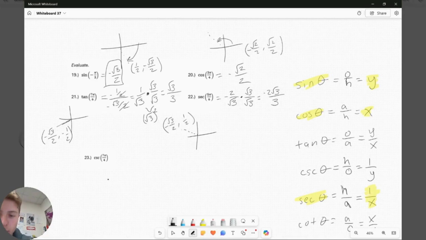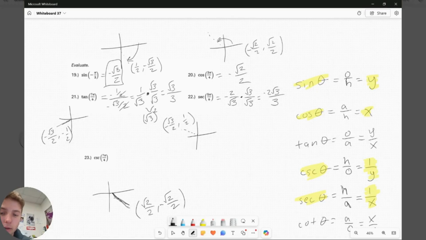Last problem then, number 23, 7 pi fourths. 7 over 4 is slightly less than 2, so I'm going to be in quadrant 4 here. It is pi fourths, so I know this is my coordinate. Quadrant 4 tells me the y is negative. From there, cosecant, we said, is the reciprocal of sine.